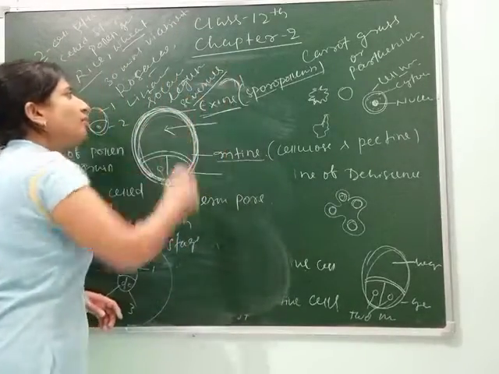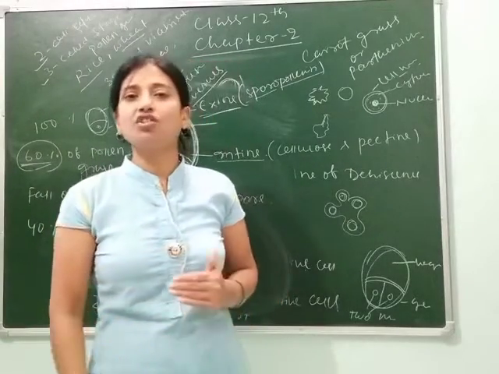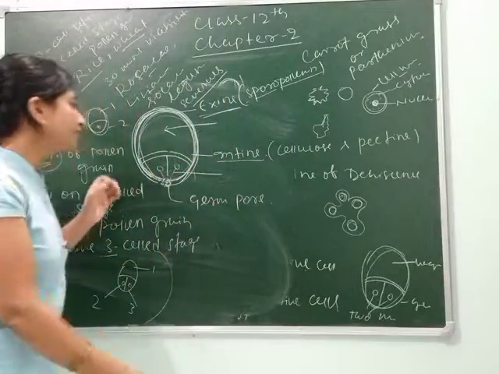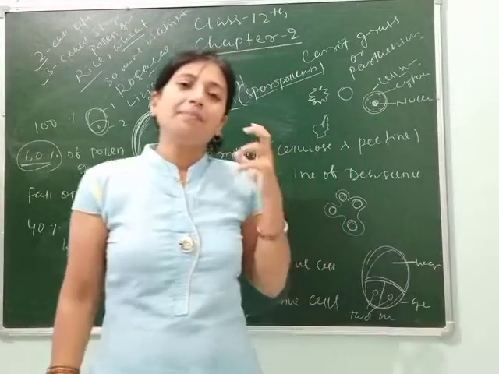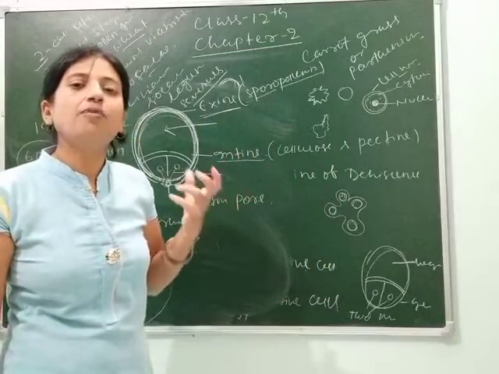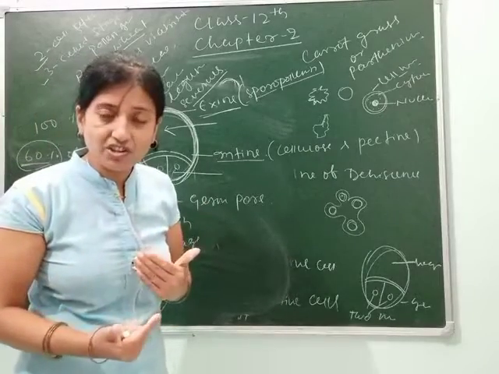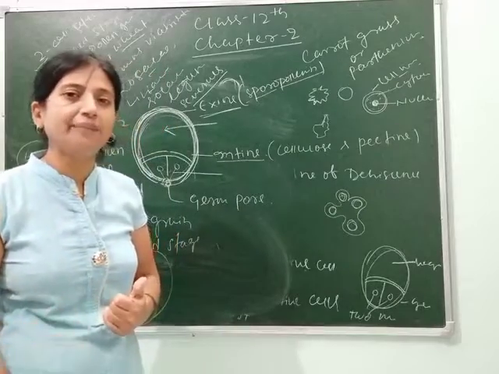That's why pollen grains are best preserved fossils also. Here I want to tell you another thing that I skipped. Due to the presence of sporopollenin, they are preserved as fossils. As sporopollenin is indestructible, the pollen grains can be stored for a long time period.